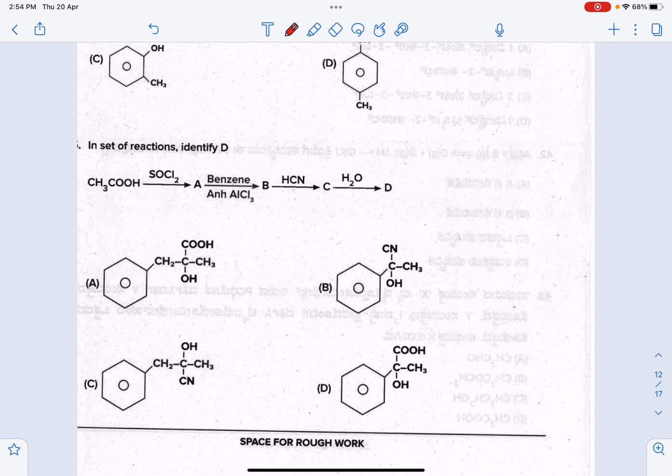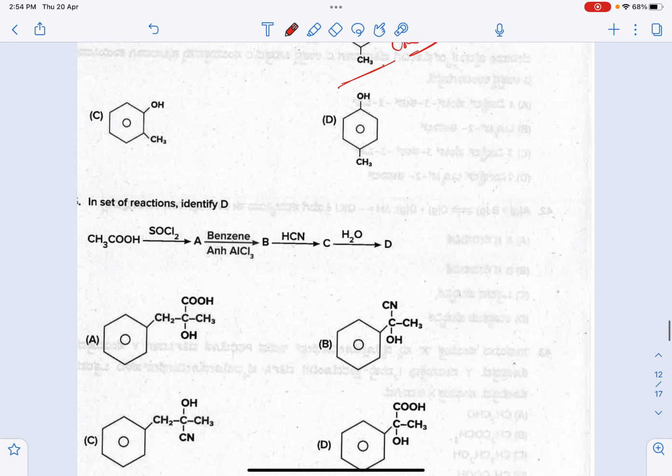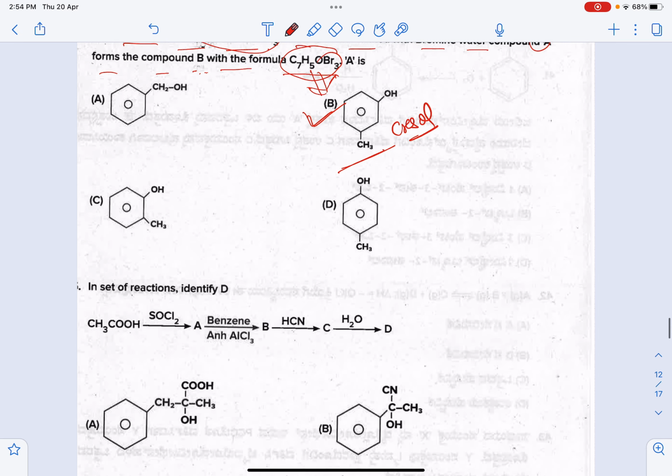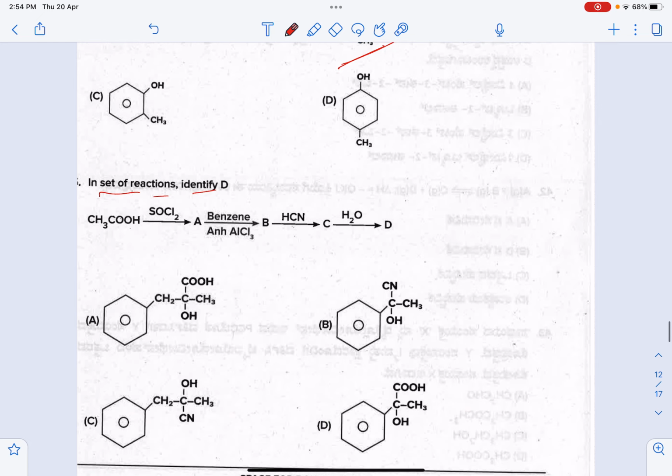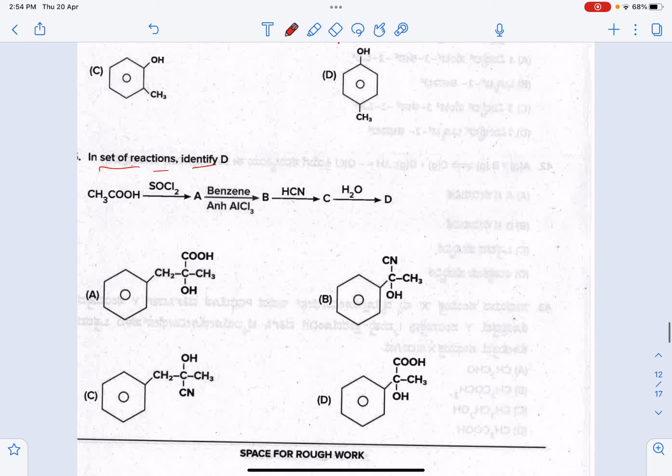Next question: in the set of reactions, identify D. When CH3COOH reacts with SOCl2, it forms CH3COCl, acetyl chloride.